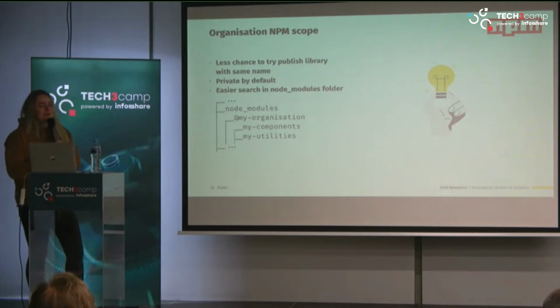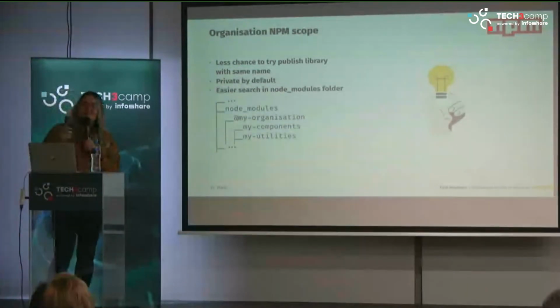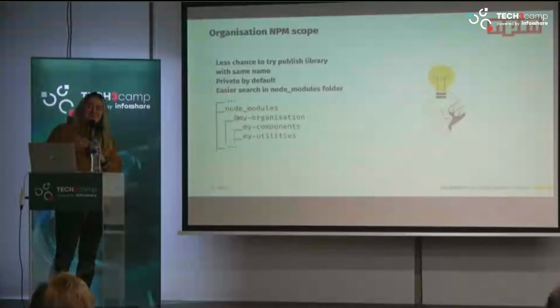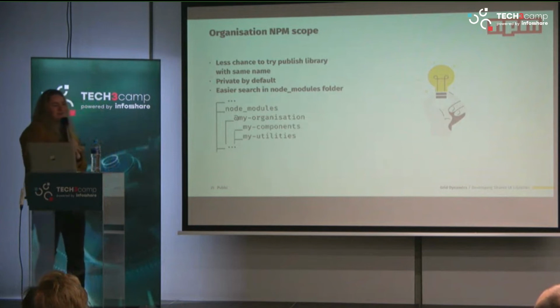Actually, the main problem here is having a library with the same name. I don't know if you tried it, but if you go to npmjs.org and try to type any English word in the search field, in 99% of cases, there is a library with that exact name. If you never tried it, it's pretty funny.